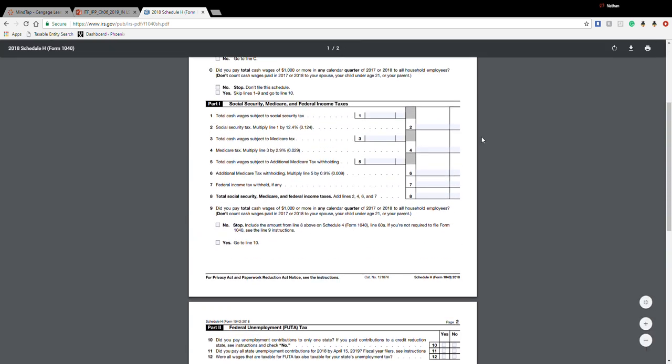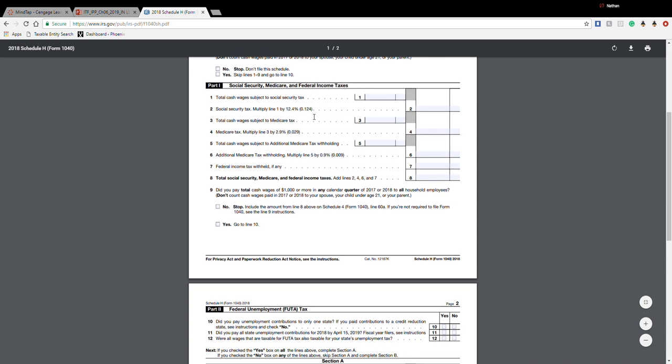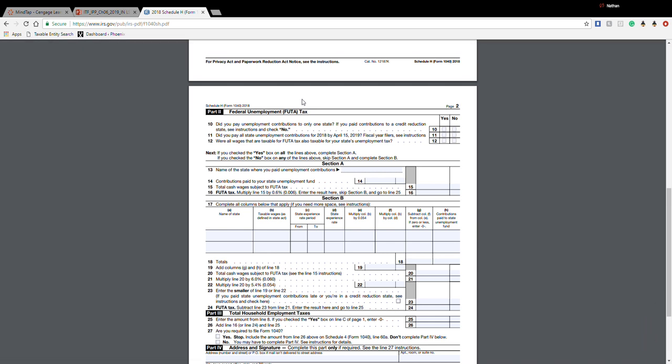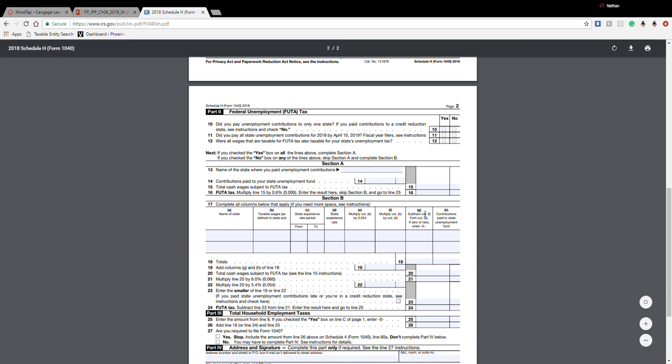So the first part of Schedule H, again, is just calculating Social Security, Medicare, federal income tax. Here we have the FUTA, and right now you don't have SUTA, but you do have to calculate FUTA itself. And then actually here's SUTA right here. So you've got to calculate all that fun stuff.